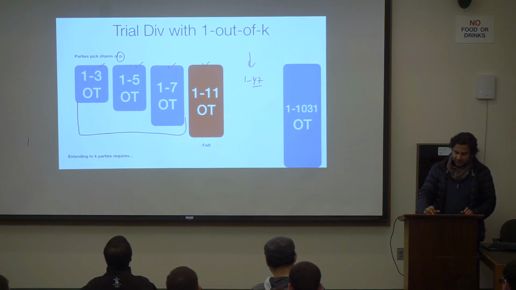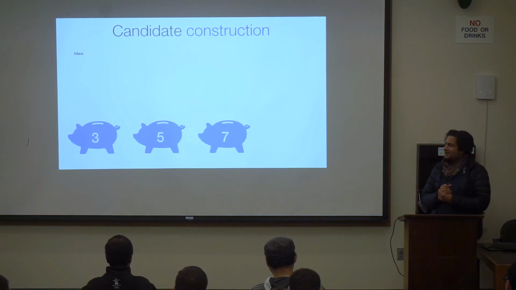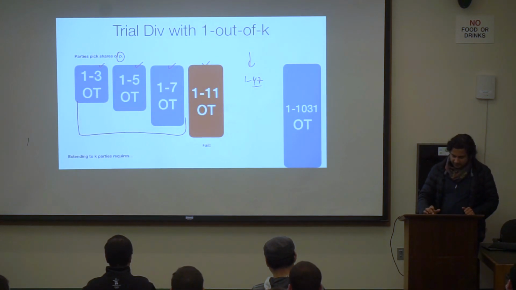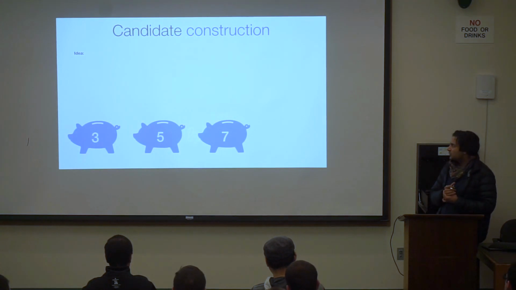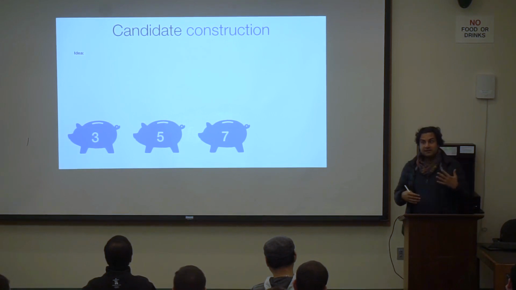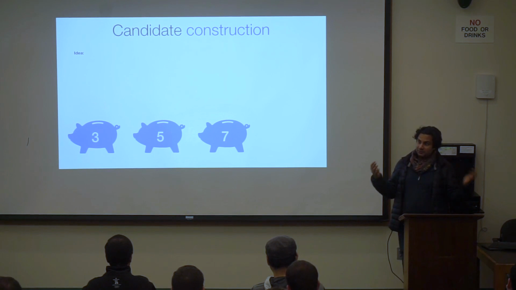A better approach is to think about this again. This was the destructive approach: pick a P and tear it down. Instead, another approach is a constructive approach. The idea is that you know you need a large number that is a non-zero residue mod 3.